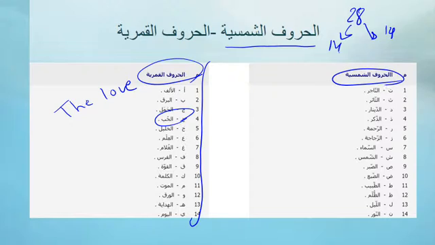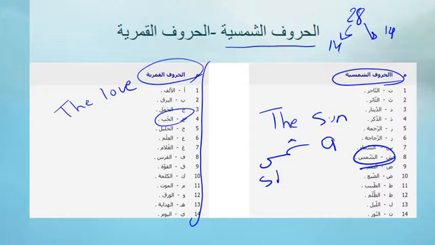But in the sun letters, you have to say just an A and then say the word that is attached to the al-tarif, but you have to stress on the first letter. For example, ash-shams, which means the sun, I spell it just like that, ash-shams. It's like I say a short A and I say ash-shams.